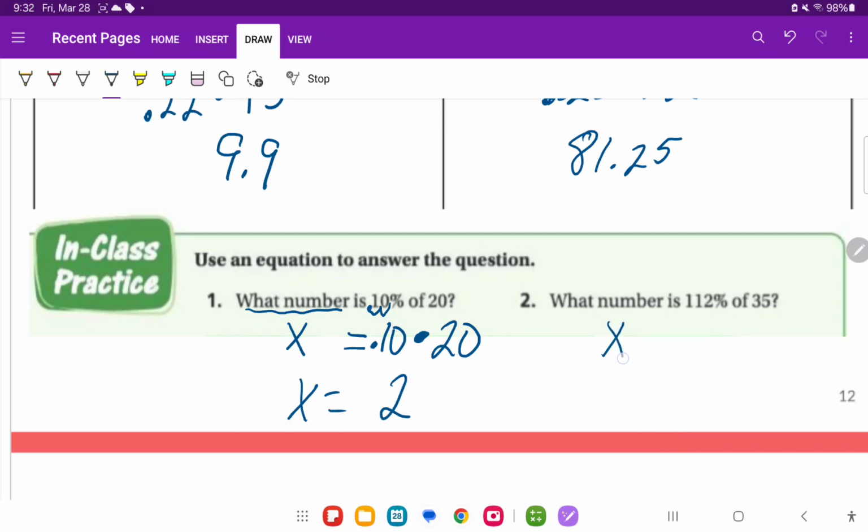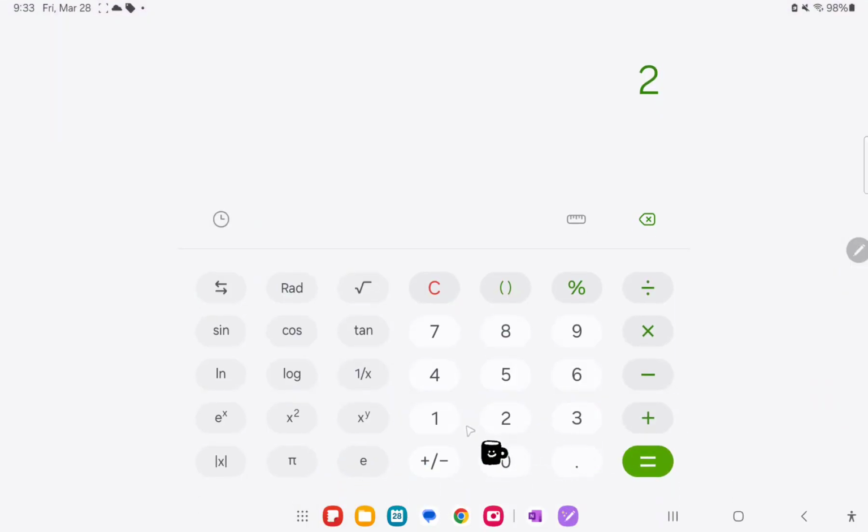So what number is, now here we'll move the decimal 2 places. So that's going to be 1.12 times 35. So 1.12 times 35 is going to be 39.2.